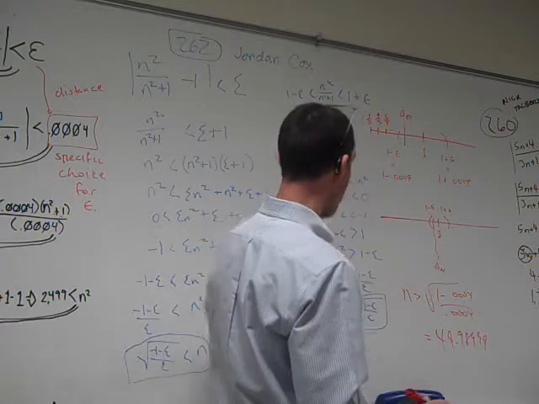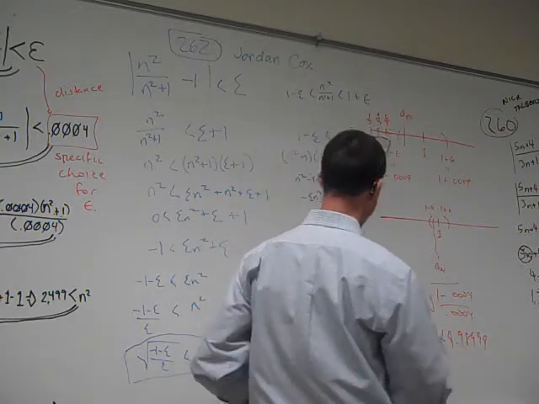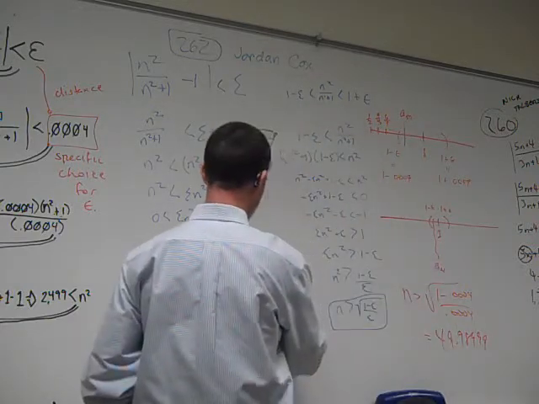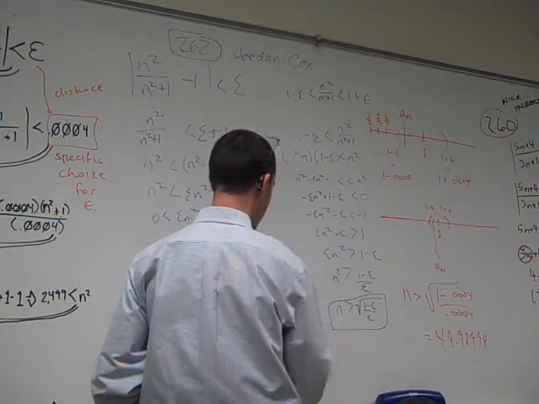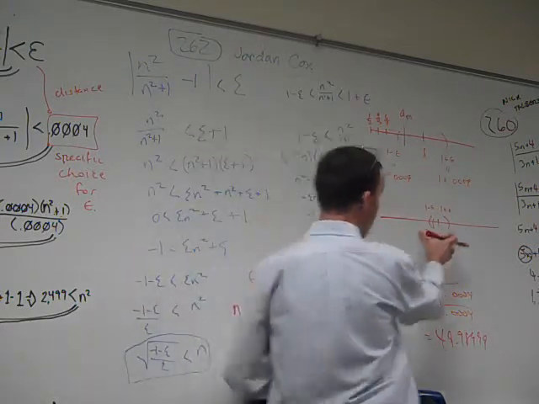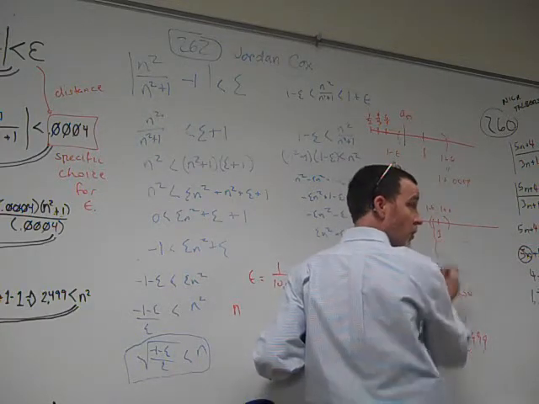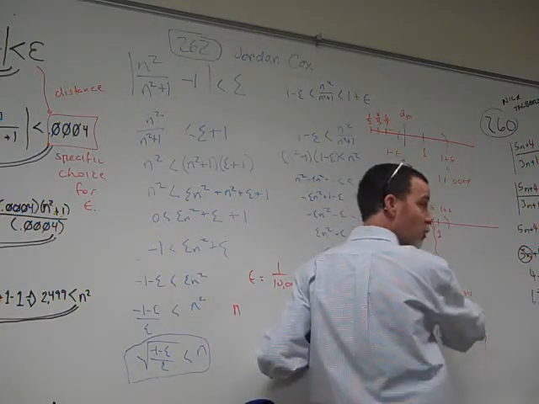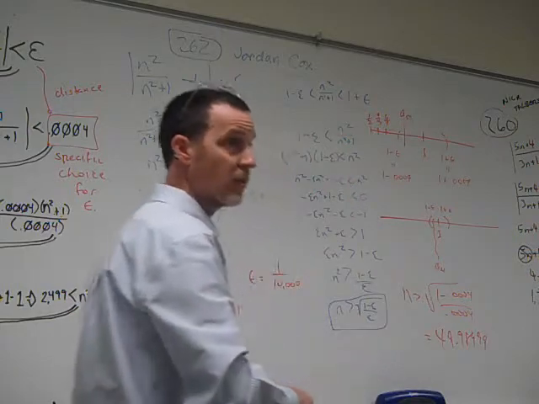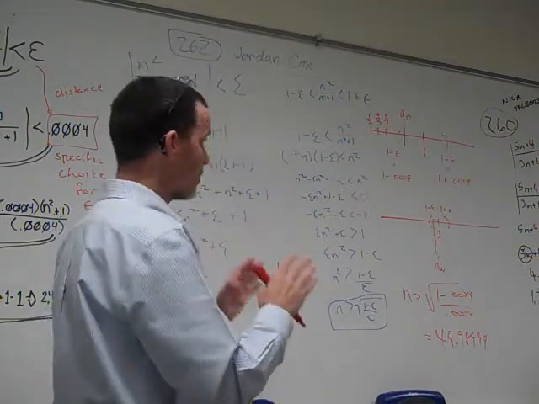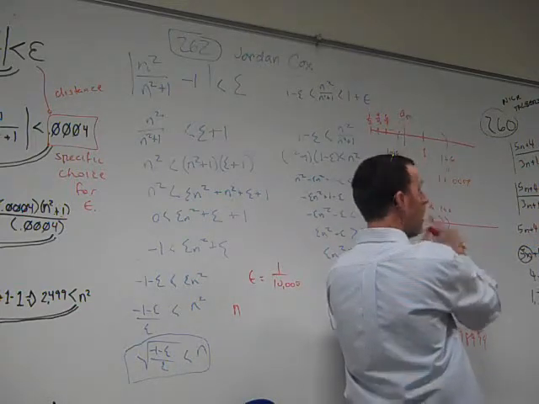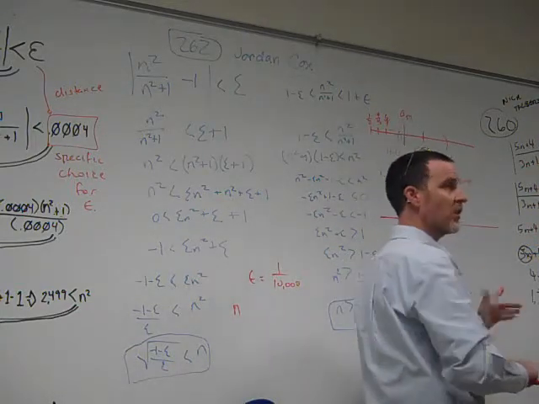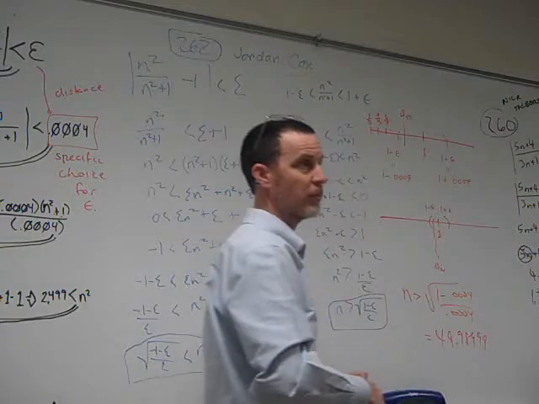Right, so if I pick a smaller epsilon, if I pick epsilon equal to 1 over 10,000 and plug it in there, I'm shrinking my interval, right? So it's going to take longer, a larger value of n before I get inside there. The sequence converges if no matter how small I pick the interval, eventually the sequence gets in there and stays in there forevermore.